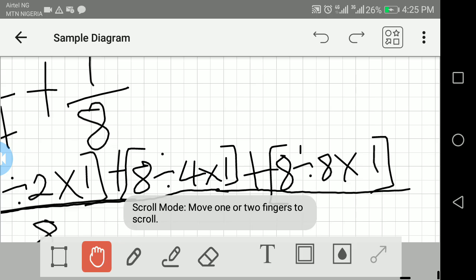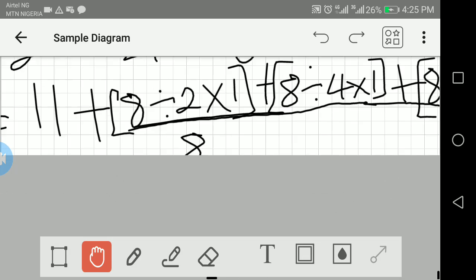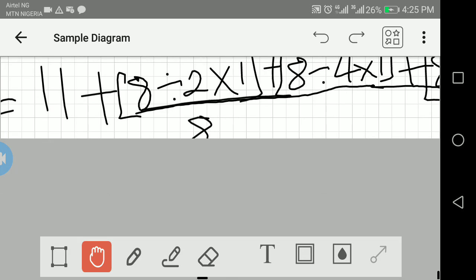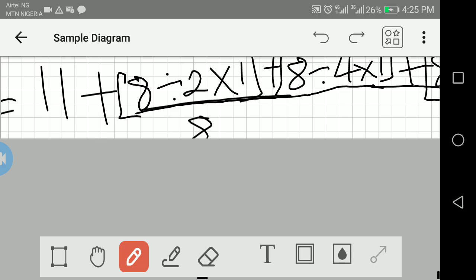So let's come back here. So we have equal to 11.